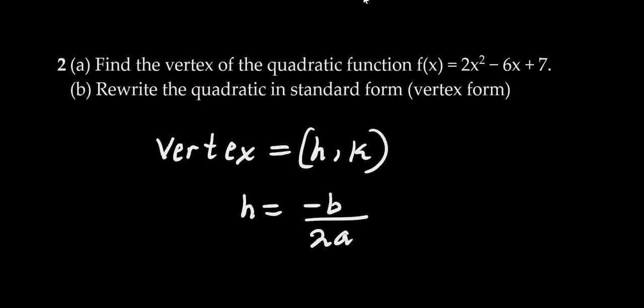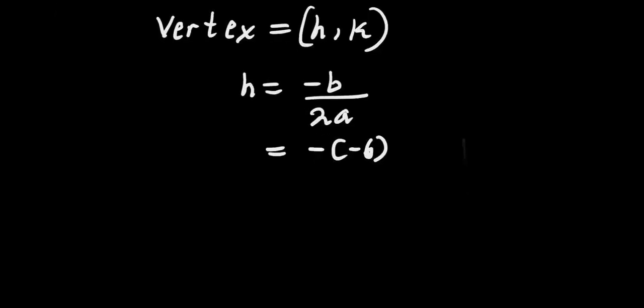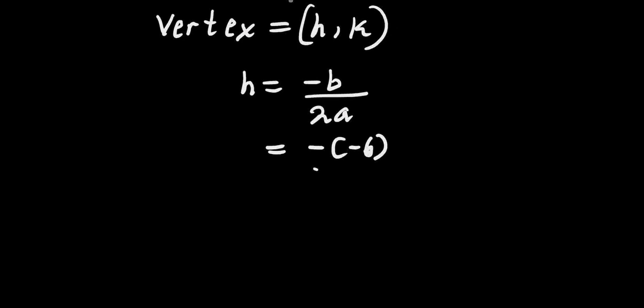So from the given function, the value of a is 2, while the value of b is -6. So now we have to plug in the values, which is negative 6 over 2 times 2.